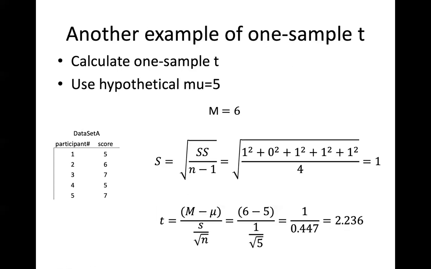The degrees of freedom would be, what would our degrees of freedom be for this problem? What is the formula for degrees of freedom? The formula is always the same.